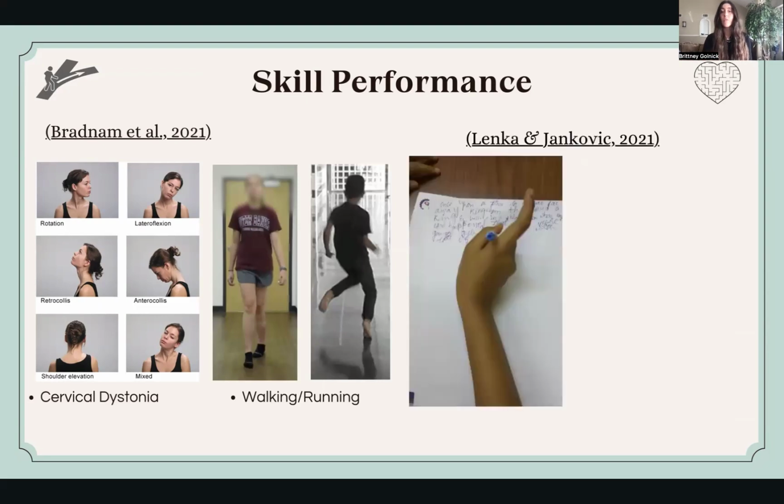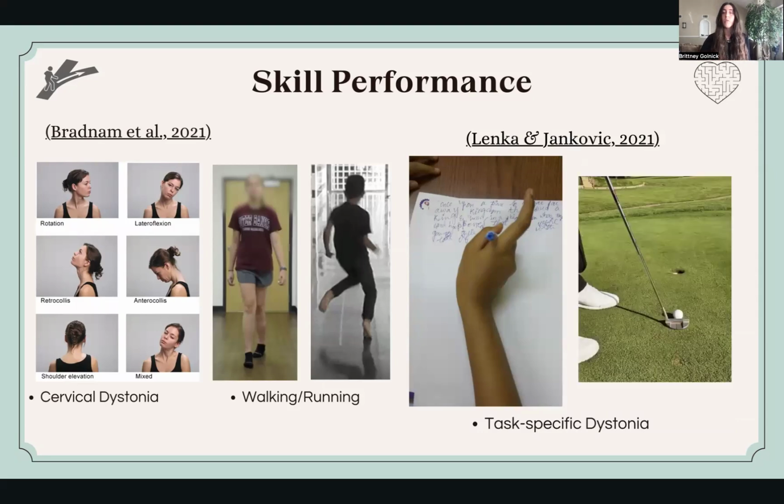And then there's also a large finding in skill performance for task-specific dystonia. So you could think of that as writer's cramp. You could see in this picture, this child is having trouble holding a pencil or writing well. It's a lot of scribbles.